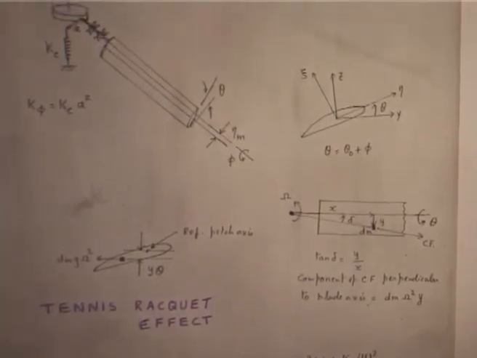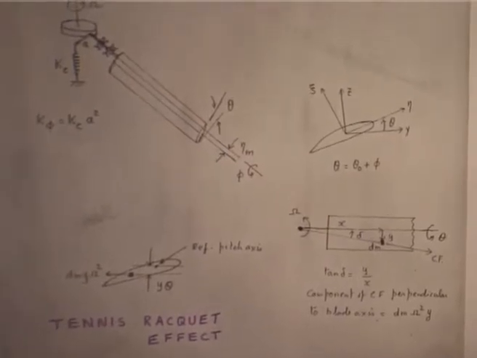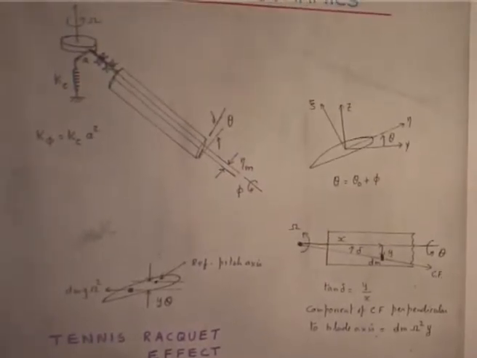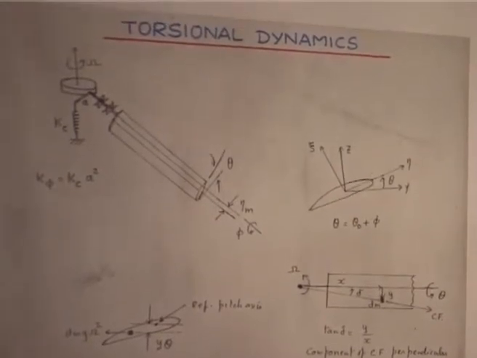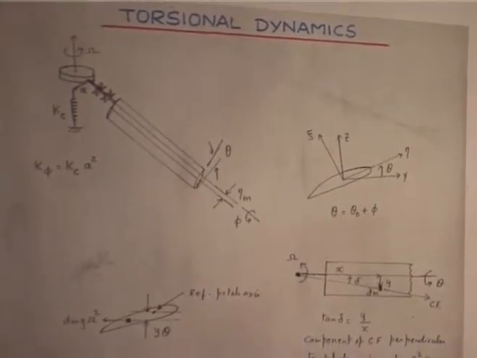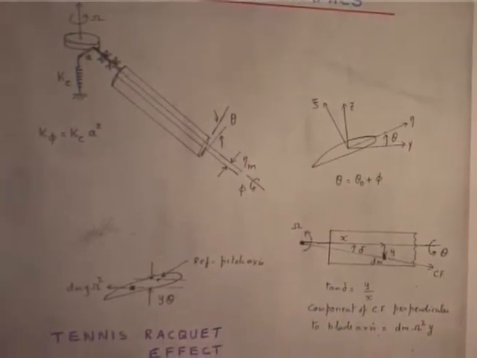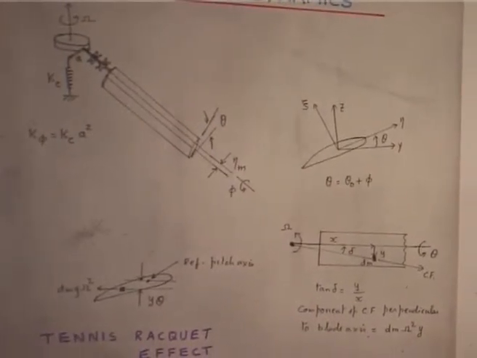When the RPM went up, with a 6 degree pitch angle you are getting 60 or 61 Newton, but what was observed was only 52 or 53 Newton. Why that big difference? You will see slowly that it may be due to this reason.